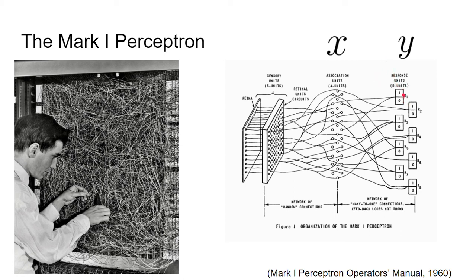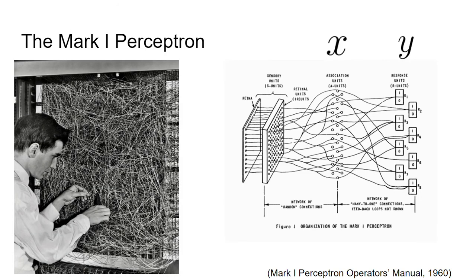And now, as long as you've got some sort of training signal, you can get this thing to learn whatever you want. You can recognize different letters. You can categorize different inputs in different ways, just by doing this feedback loop. And they physically implemented this learning algorithm in analog hardware.